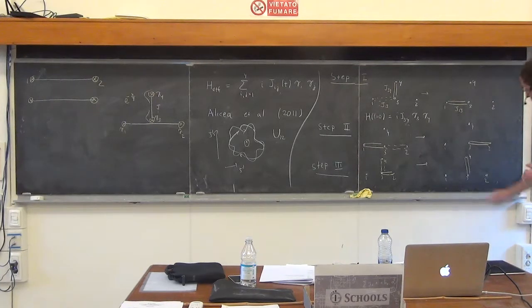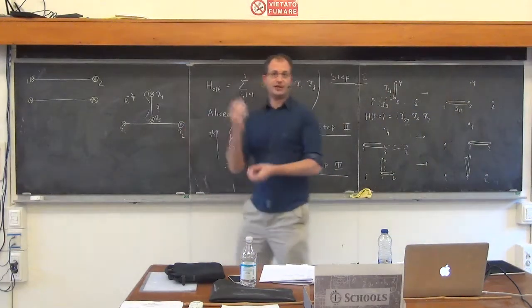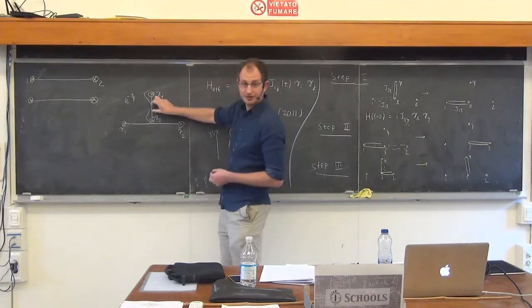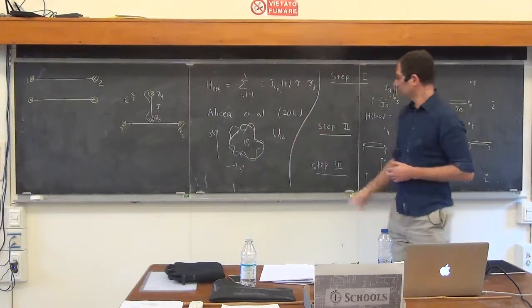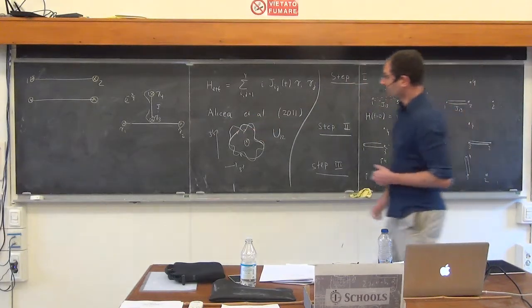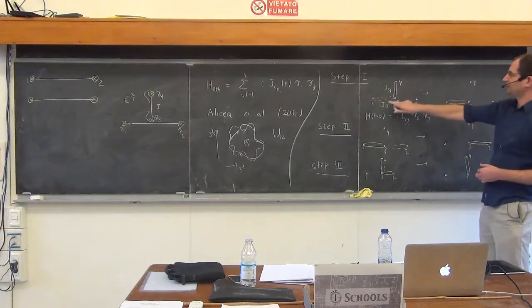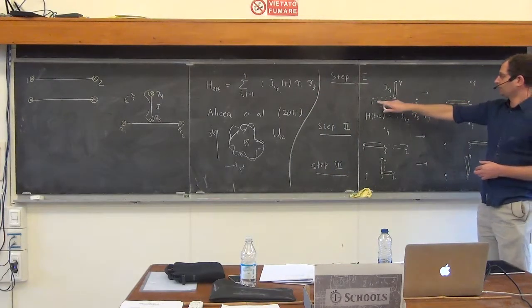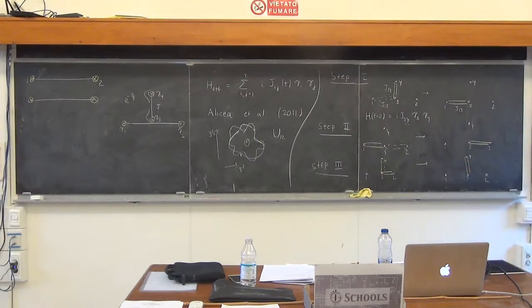But it's a little bit of a cheat, because the way I want to think about controlling these different Jij's is by shrinking, as I said, these wires. That's also the way it was proposed in this paper. But you see that, for instance, in step number 1, there's some intermediate step where 1 is coupled to 3 and 3 is coupled to 4 at the same time. That means that you're physically close.